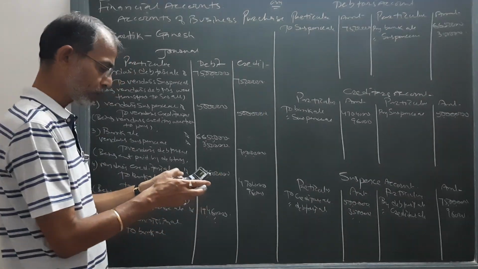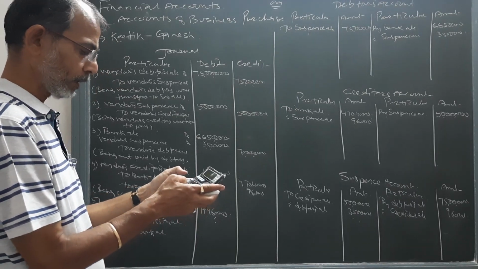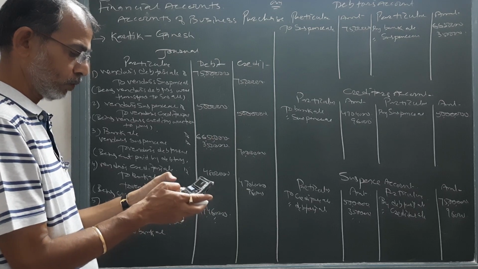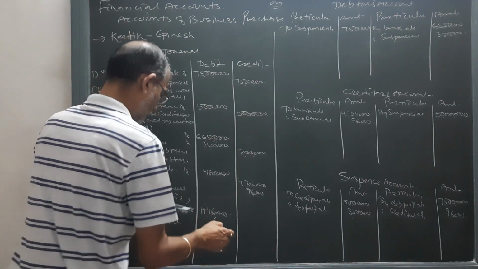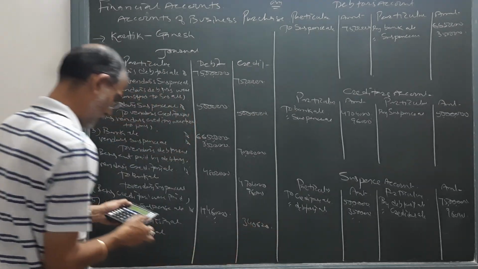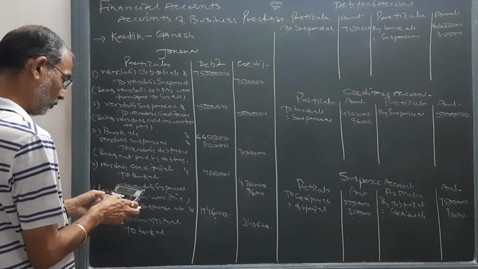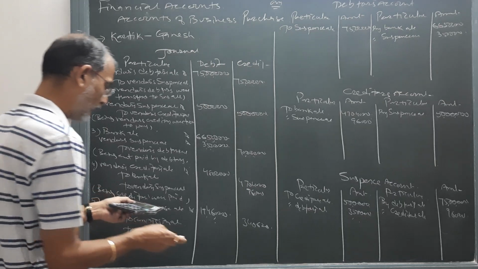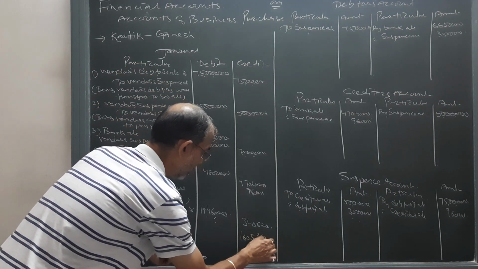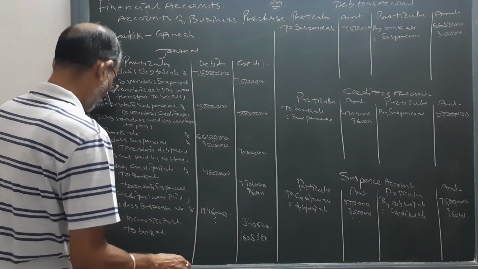Now commission happens to be 66 lakh 50,000 plus 47 lakh 4,000 into 3%, 3 lakh 40,620, and the balance amount 16 lakh 5,380 will be paid to vendor.